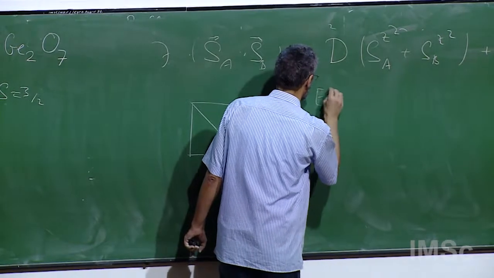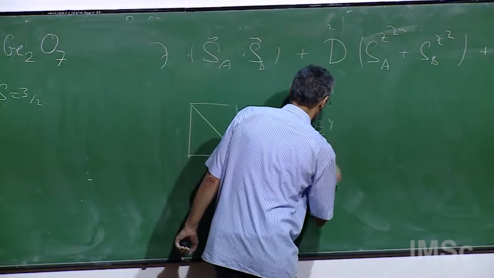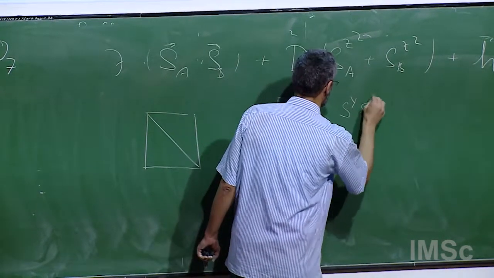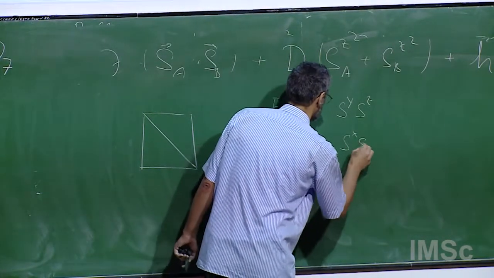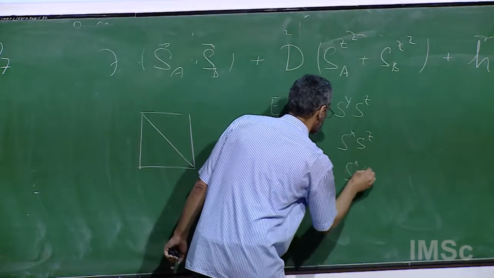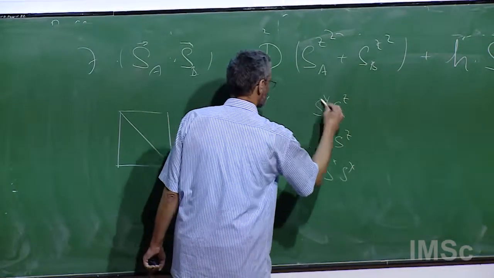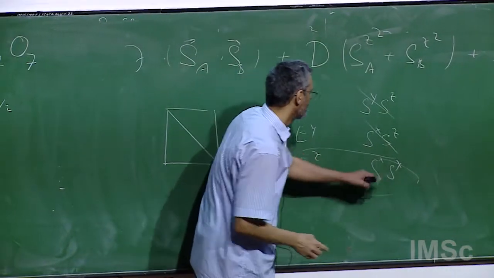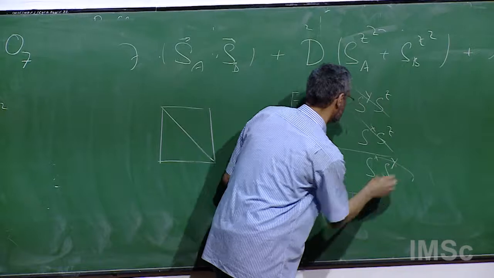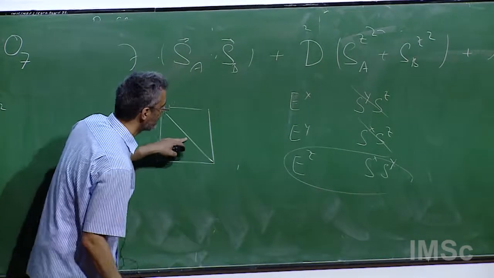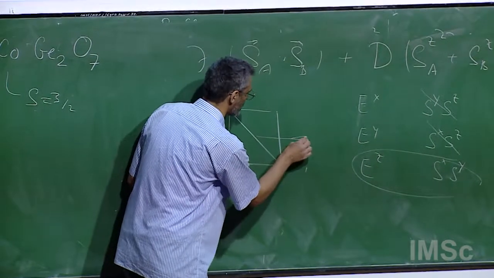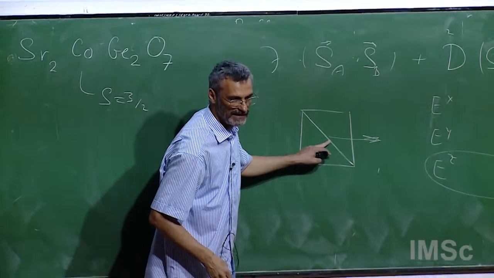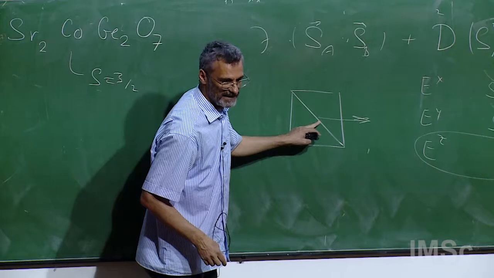So I think E_x, E_y, E_z, there was a S_y S_z, there was a S_x S_z, there was a S_x S_y. We don't have a z component, this is absent. This is the only one that survives, and it has the form S_x times S_y. So if the spin is pointing like this with respect to the tetrahedron, there is no electric polarization.